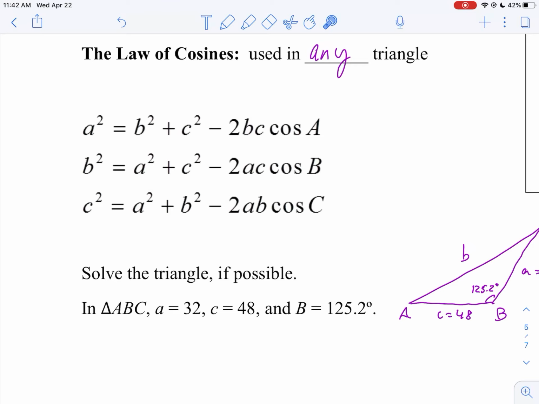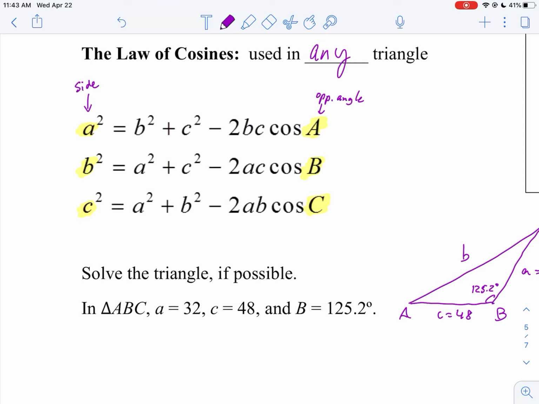What I would encourage you is to notice something, a little trick here. What do you notice here? Whatever goes here, this side has to match this opposite angle.